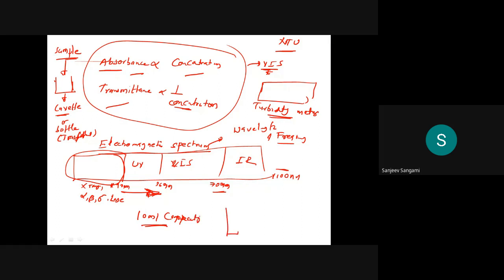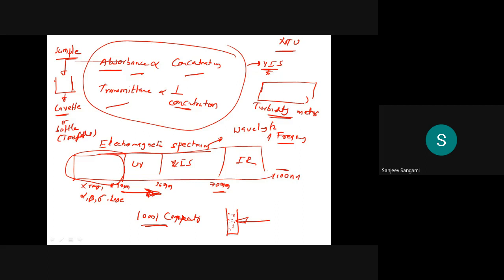So it will be filled up like this. Assuming that we are transferring the solution containing colloidal solids to this. Then what will happen is that visible rays are going to hit these particles.